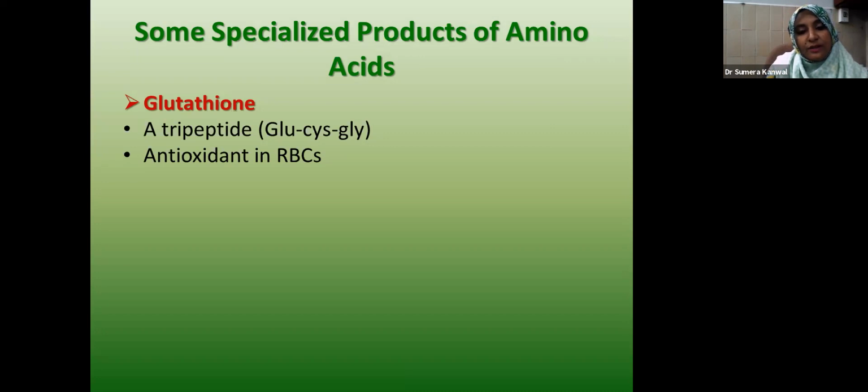So naturally, our body has a system to neutralize the effect of these free radicals. Glutathione is one of the molecules that protects our body from the harmful effects of free radicals, and these free radicals are highly reactive molecules that come from the different oxidation reduction reactions.